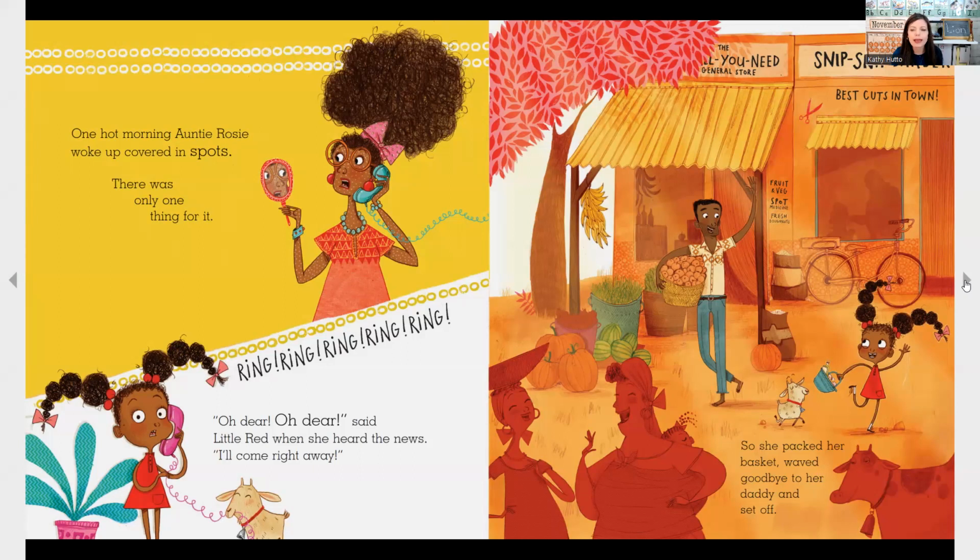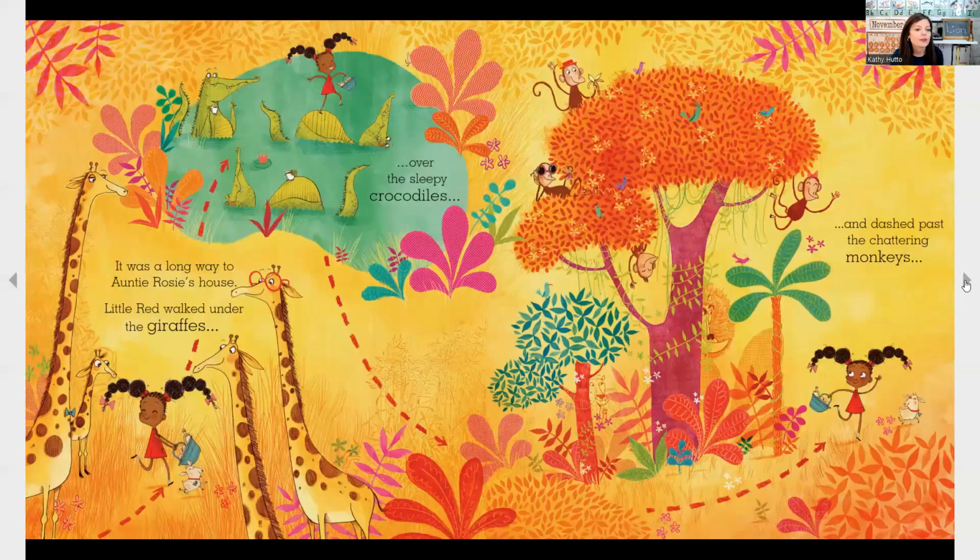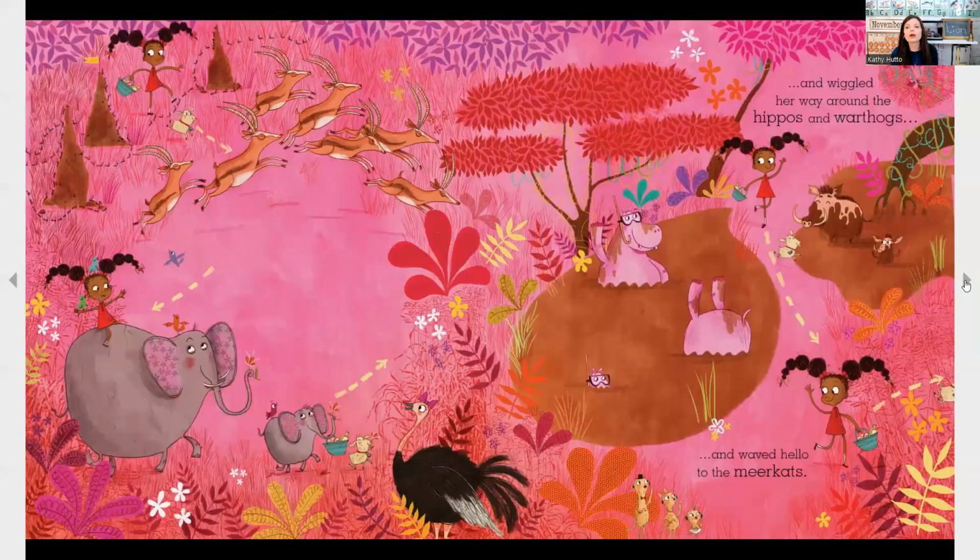I'll come right away. So she packed her basket, waved goodbye to her daddy, and set off. It was a long way to Auntie Rosie's house. Little Red walked under the giraffes, over the sleepy crocodiles, and dashed past the chattering monkeys. And wiggled her way around the hippos and warthogs, and waved hello to the meerkats.